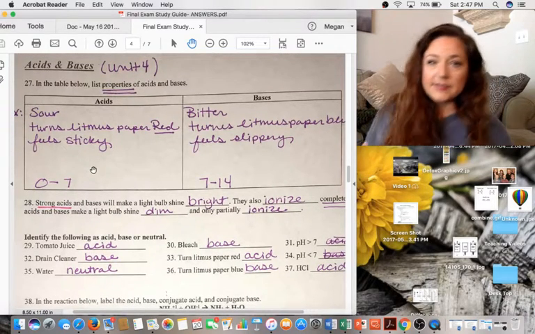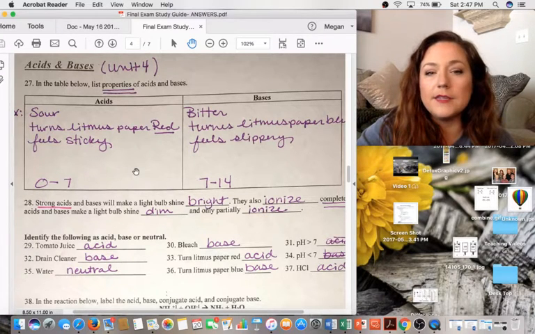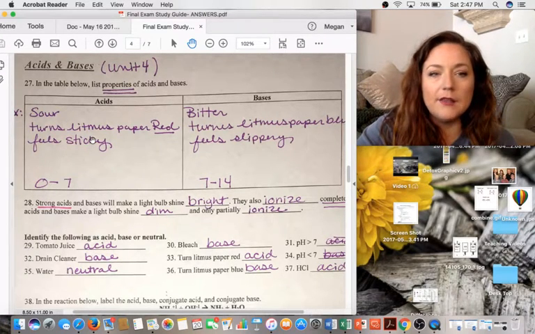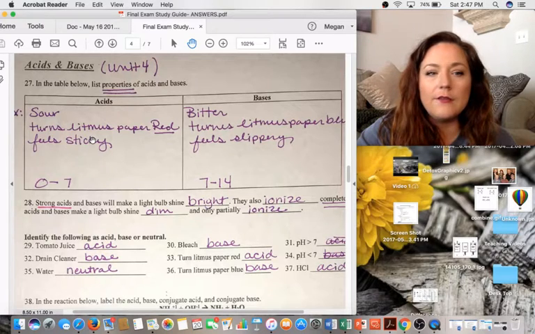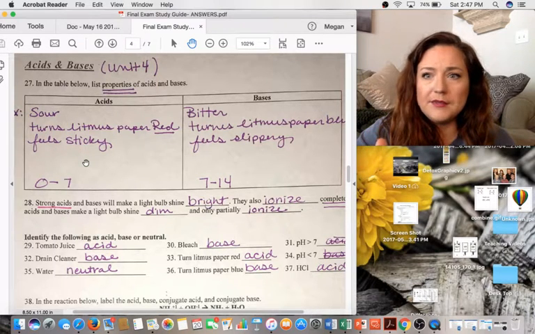Acids and bases, Unit 4. The properties I really want to stick out are that acids are sour, they feel slippery, and they turn litmus paper red. So red litmus paper would stay red, and blue litmus paper turns red.